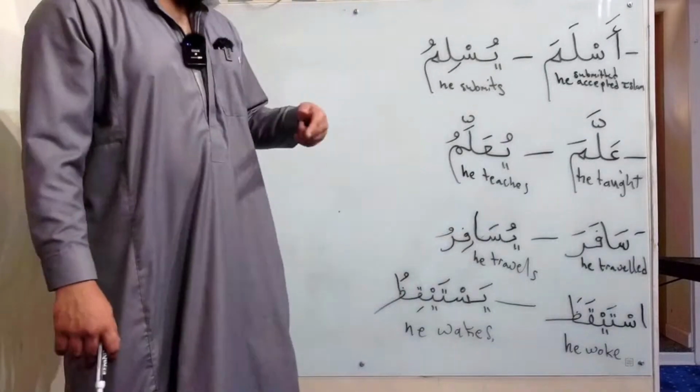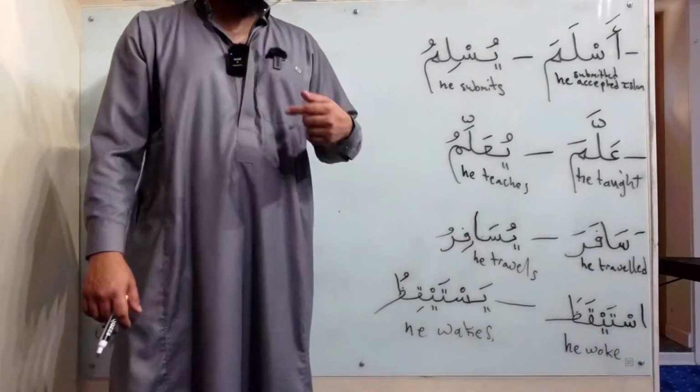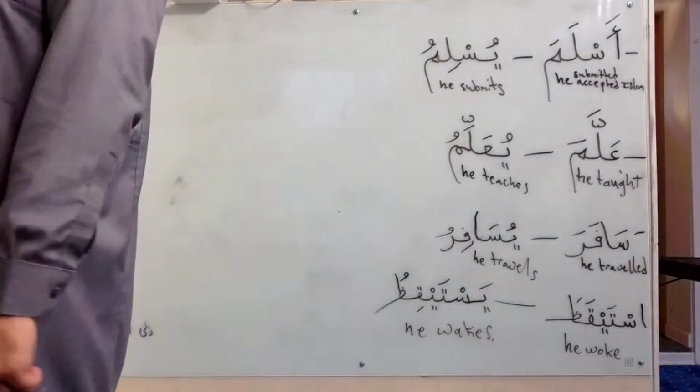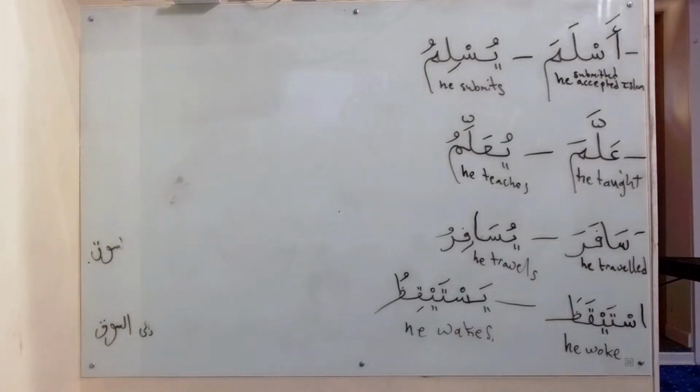Allama yu'allimu, aslama yuslimu. The pattern will be registered in your head, so anytime you come across the present tense, you automatically know the past tense, and anytime you come across the past tense, you automatically know the present tense. Don't just understand it, memorize it.